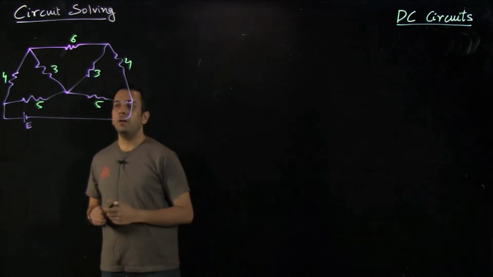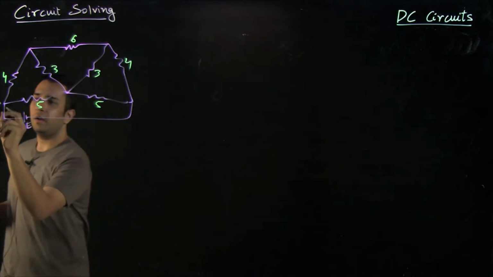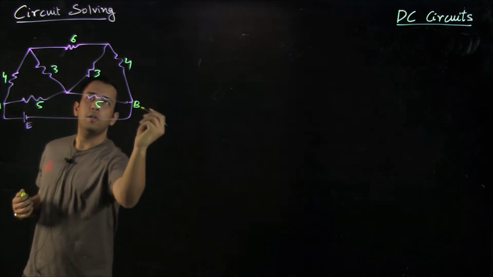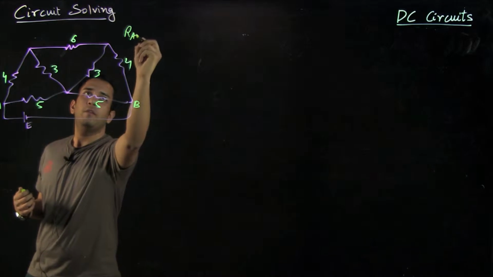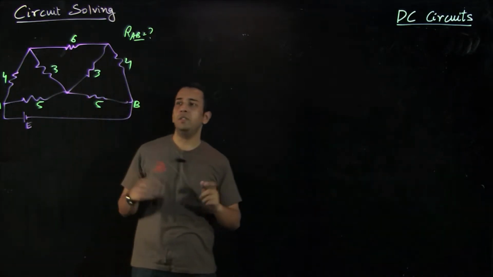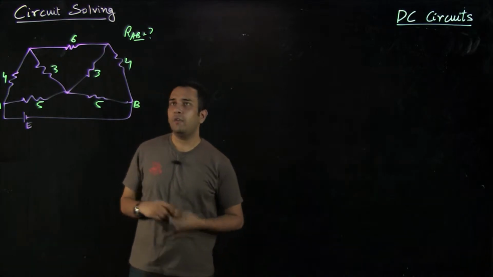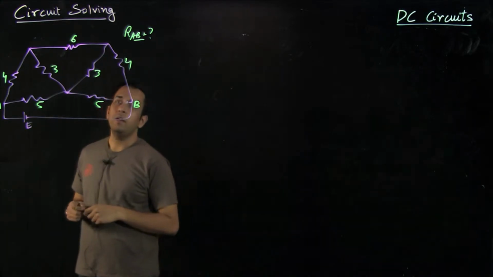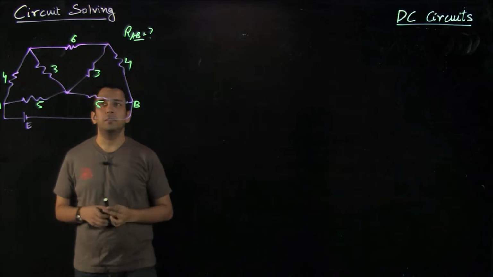An easier way would be to find the RAB, which is the equivalent resistance across the points A and B, and in finding the RAB, some of the symmetry rules will help us.